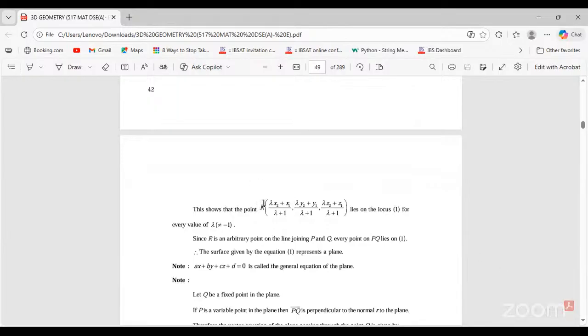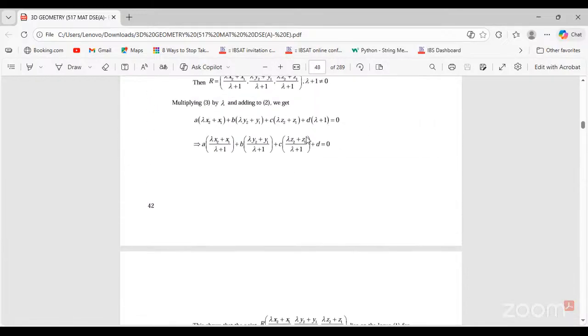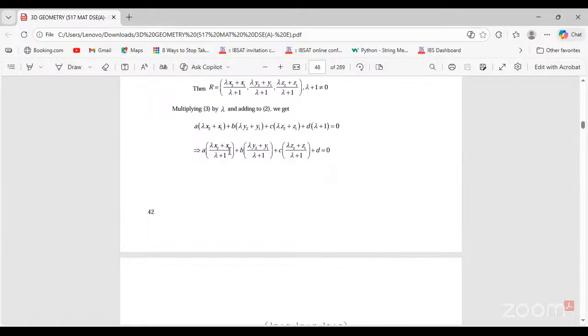This is the general form of a plane equation, a k1 plus b k2 plus c k3 plus d equals 0, where in place of x we take k1, in place of y we take k2, and in place of z we take k3. Here k1 is (lambda x2 plus x1) by (lambda plus 1), k2 is (lambda y2 plus y1) by (lambda plus 1), and k3 is (lambda z2 plus z1) by (lambda plus 1).